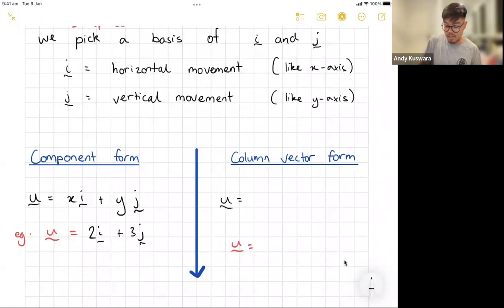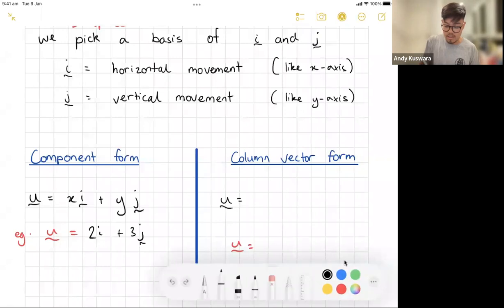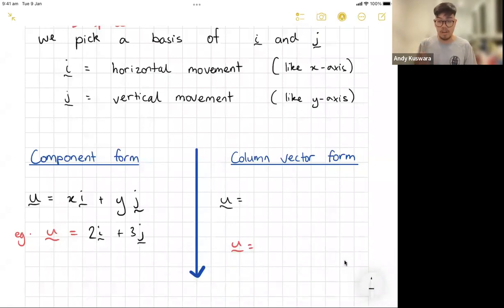Again, we give the squiggly lines under our i's and our j's, showing that we are indeed talking about a vector. That is component form. Now, if we talk about column vector form, it means that we write it in a column. It'll generally be like this: i is at the top, j is at the bottom, and we put a bracket around it. And that is honestly it.